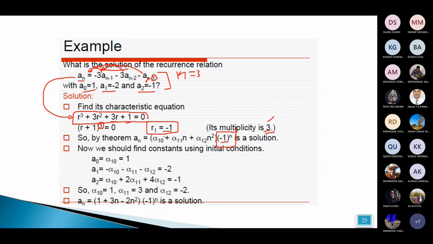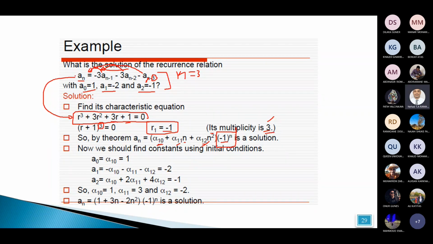So we start with α_{1,0}, then α_{1,1} multiplied by n, α_{1,2} multiplied by n^2, then n^3, n^4, depending on how many multiplicity. We have 3, then 1, 2, 3 constants. Okay, this is the solution.